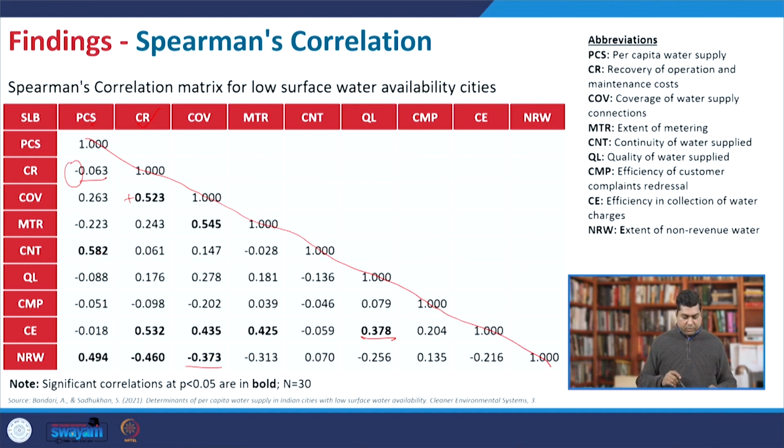Similarly, if you try to find some relationship with the metering, even if it is low, it is minus. So if you impose metering, people will probably be alert and will not use much, so the supply can be dropped in that aspect.